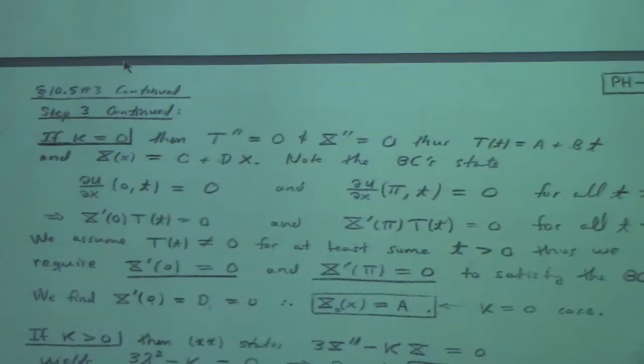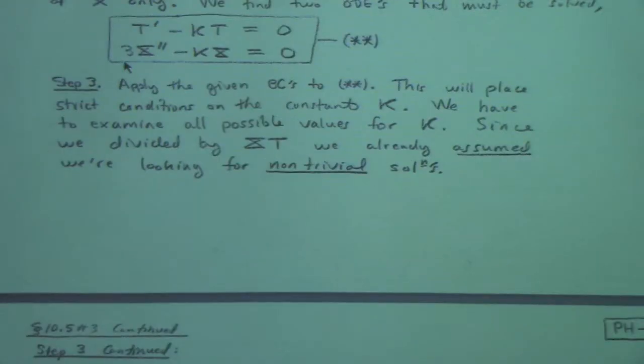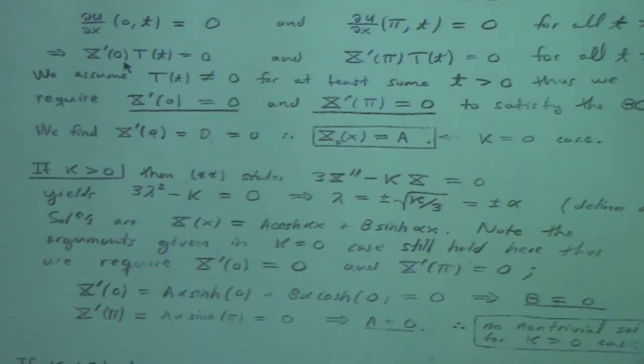This one's a little bit different, isn't it? Oh yeah, this one's got the insulated boundary conditions. Insulated boundary conditions make you look at a sum of cosines for your solutions. Then you have to use the Fourier cosine series to fit the initial condition.